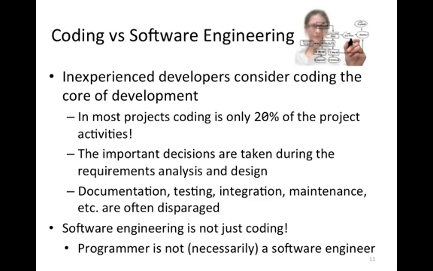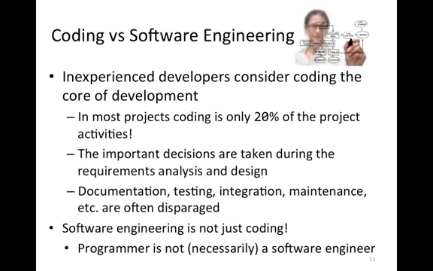But programming, just being a programmer, is not the same thing as being a software engineer, because there's a lot more than just coding to become a real system. Coding is only 20% of a project activity, and I know that seems shocking, but it's really true. The work that you're doing, the functional requirements, is fully half of the project.